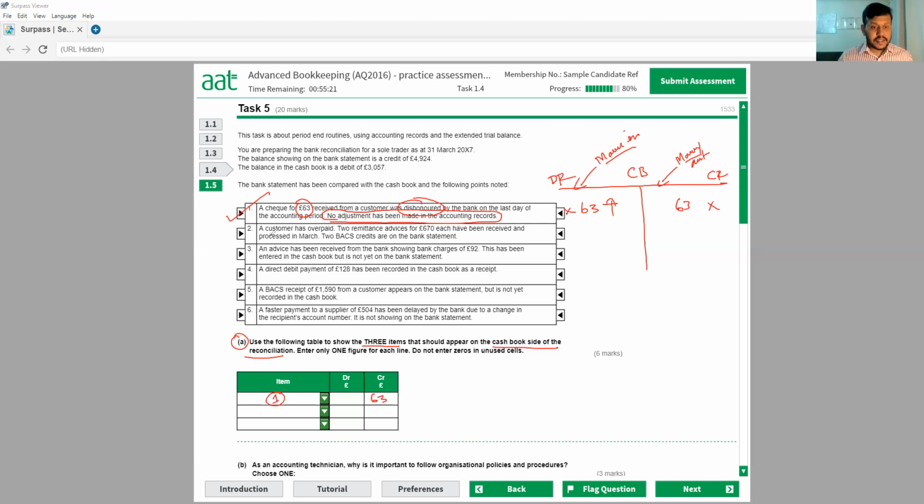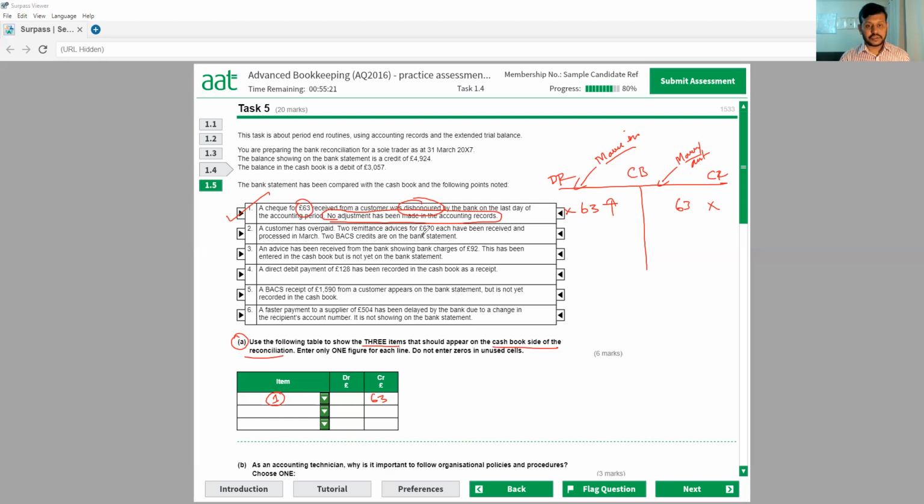Then number two, it says a customer has overpaid. Two remittance advices for 670 each have been received and processed in March. Two bank credits are on the bank statement. So there is nothing to do with the cash book. I really don't have to change my record.